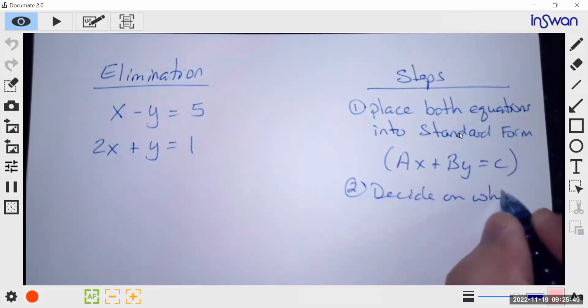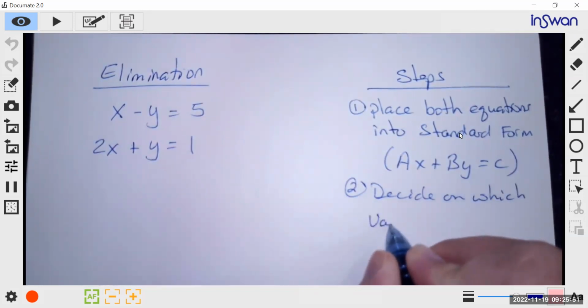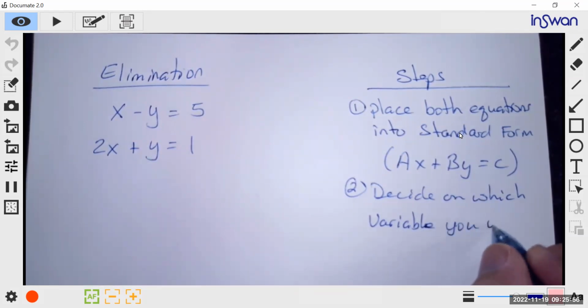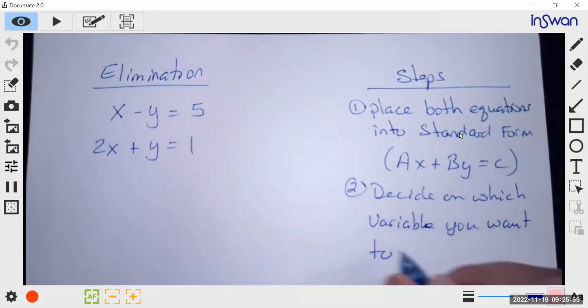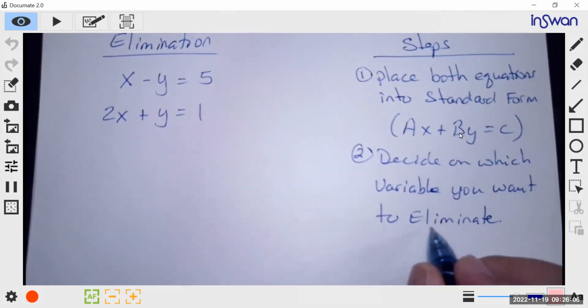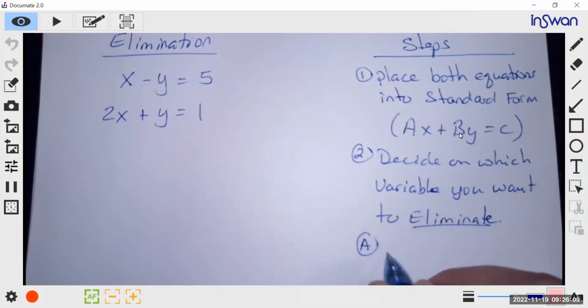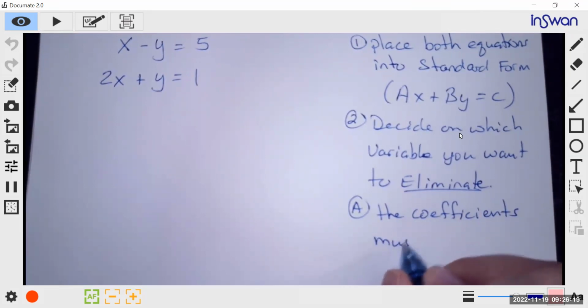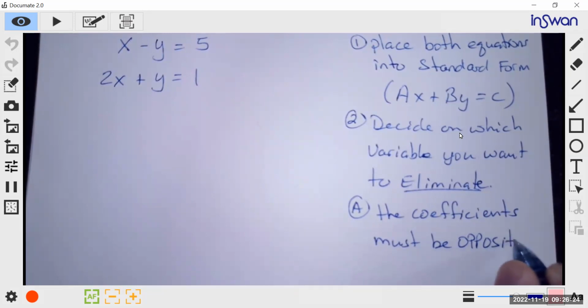Decide on which variable you want to eliminate. Okay, this is the limit. In order to eliminate, the coefficients must be opposites.